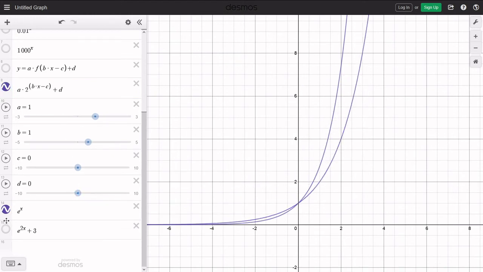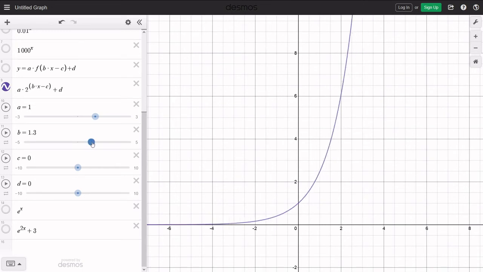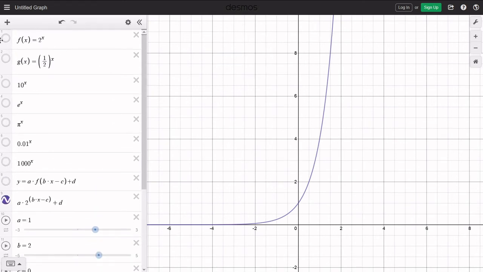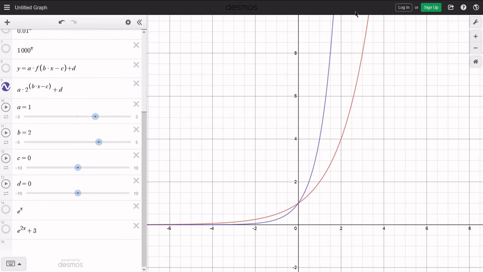This is the original function for 2 to the power of x, right? If b increases, it's being compressed horizontally. And so you see, if I put it on 2, it's compressed more than its original function. So this is the original 2 to the power of x. This is 2 to the power of 2x. So it's being compressed inward.